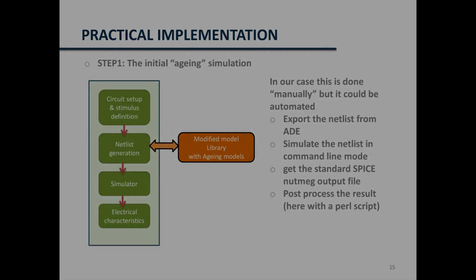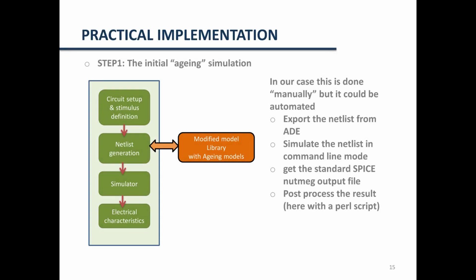Let's go to slide 15. So step one, the initial aging simulations. We again have the simulation flow, which is in principle integrated into the simulation environment. In this case, where we have studied the proof of concept, it has been done manually, but it could be easily automated.